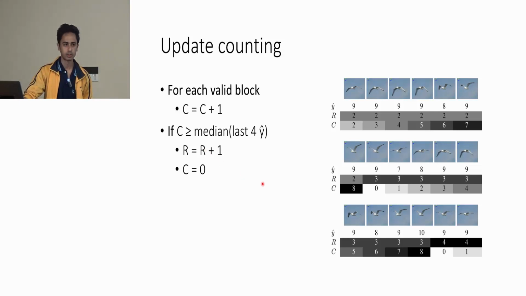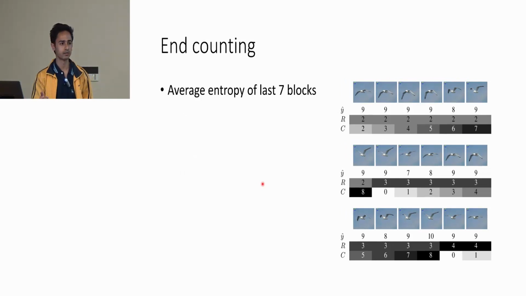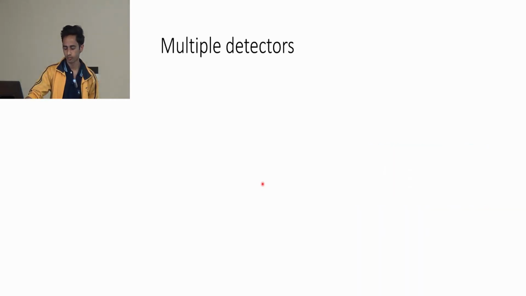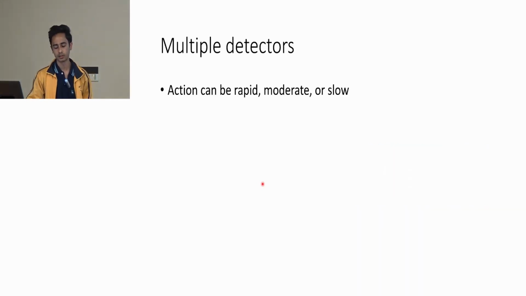Now to detect the end of repetitive motion, they use a similar approach. They take the average entropy of the last 7 blocks, and if the average has risen above a threshold, they stop counting. To handle actions which happen at different rates, rapid, moderate, or slow, which they cannot predetermine in a live video, they use multiple detectors with different sampling rates.